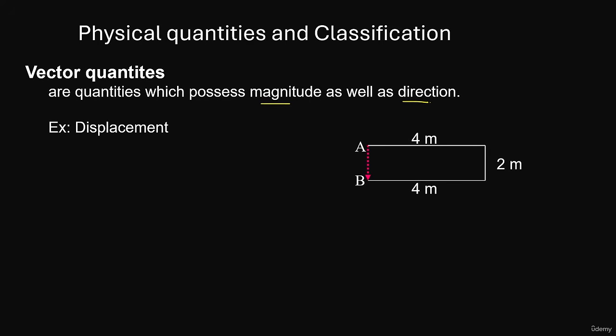You can observe here that we are covering a distance horizontally of 4 meters, then 2 meters, and again we are coming towards the left side by 4 meters. So the net displacement produced from point A to B is actually 2 meters, and the distance covered is 10 meters. This is the direction of the displacement.